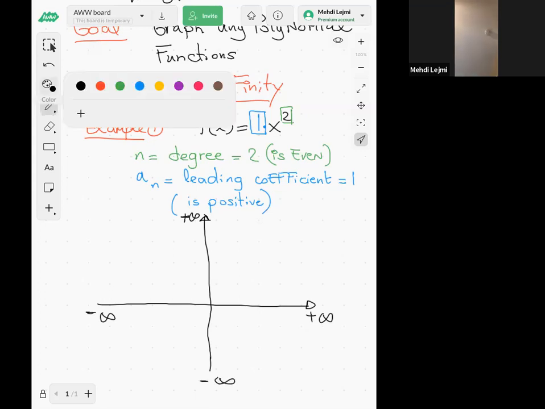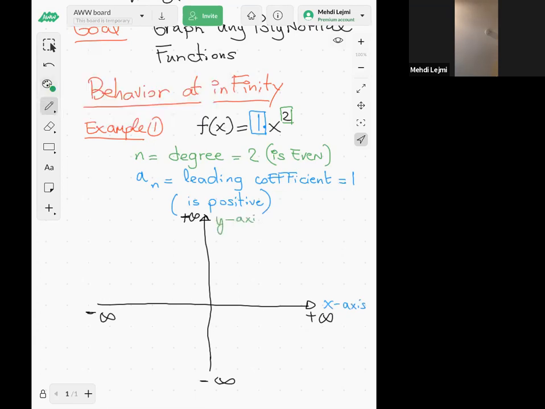This is supposed to be my x-axis, and this is supposed to be my y-axis. The graph of x squared looks something like this. This is f of x equal to x squared.